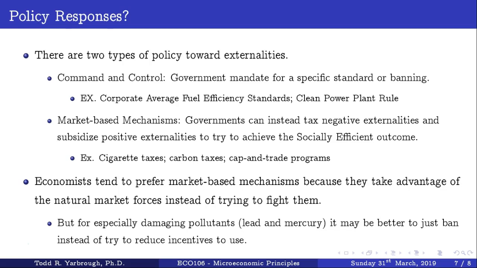But still, for especially damaging pollutants like lead and mercury, for example, history tells us that market-based mechanisms, and the way that they reduce the incentives to consume products which would perhaps create pollutants, don't go far enough. There are certain types of pollutants that are so damaging that simply incentivizing the reduction of their usage probably doesn't go far enough.